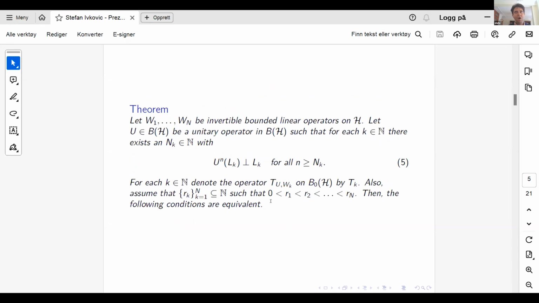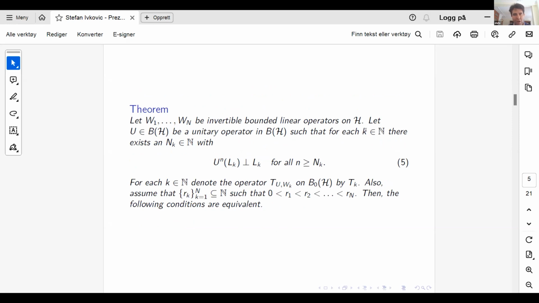And now we have the first theorem. We choose these operators W1 up to Wn, invertible bounded linear operators, and then we take a unitary operator U, which we require to satisfy a special condition.